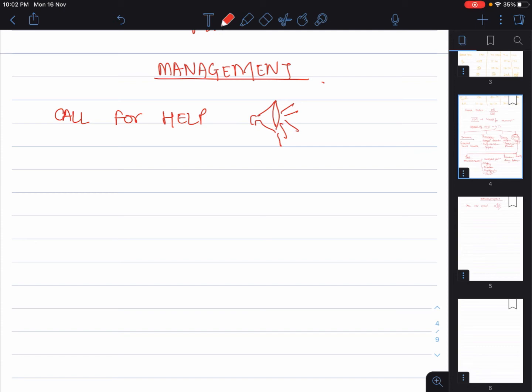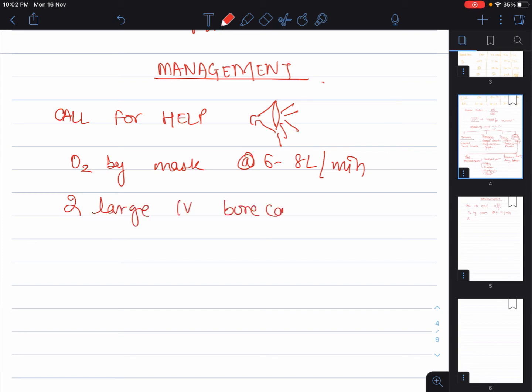So what will you do next? You will give oxygen by mask around 6 to 8 liter per minute, and at the same time another teammate will be securing the IV line. That is, two large bore IV cannulas will be used, one to send a sample, and very important to put blood on cross match, right?